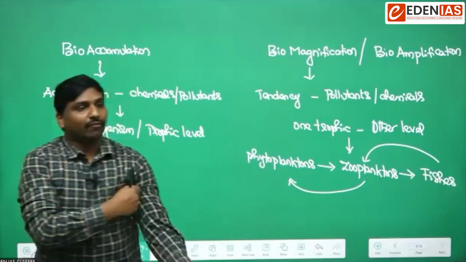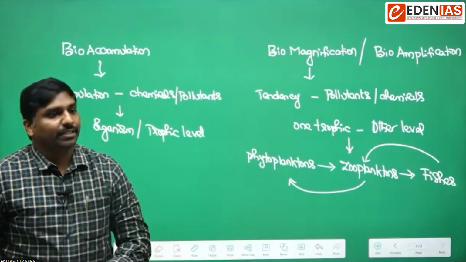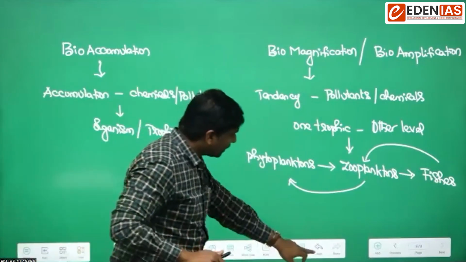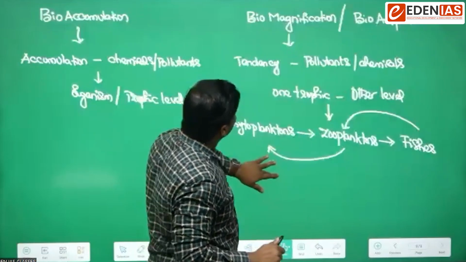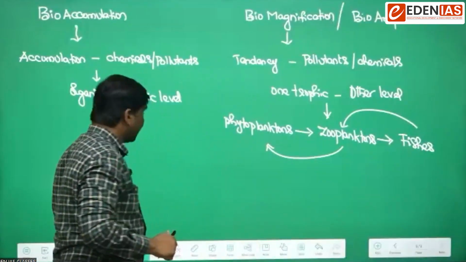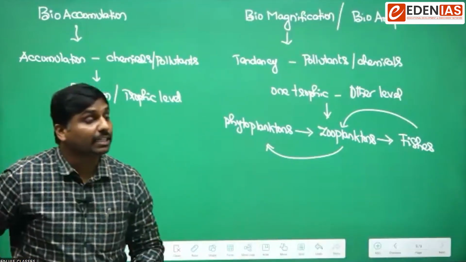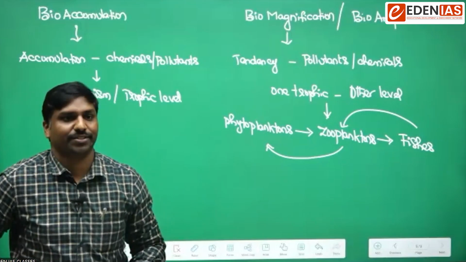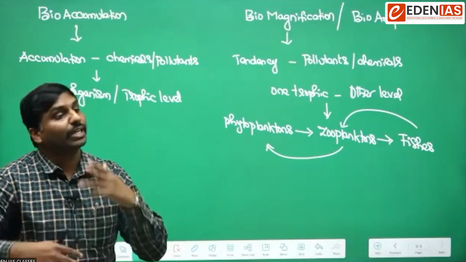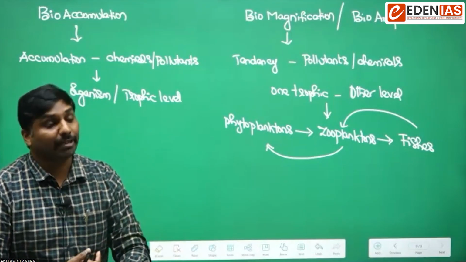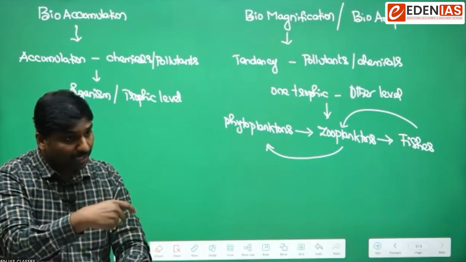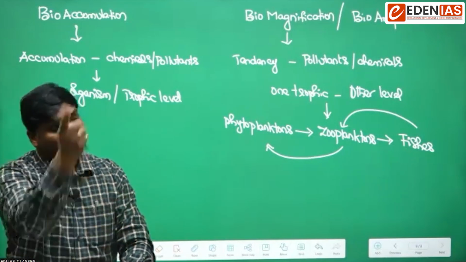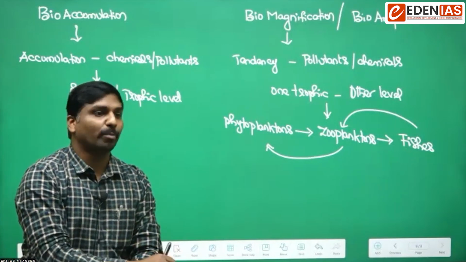Okay, and now we are saying that the concentration of pollutants is getting increased. For this process to happen, there are certain specific conditions. Not all the pollutants will become biomagnified. There are certain pollutants with specific characters which have the ability to become biomagnified.